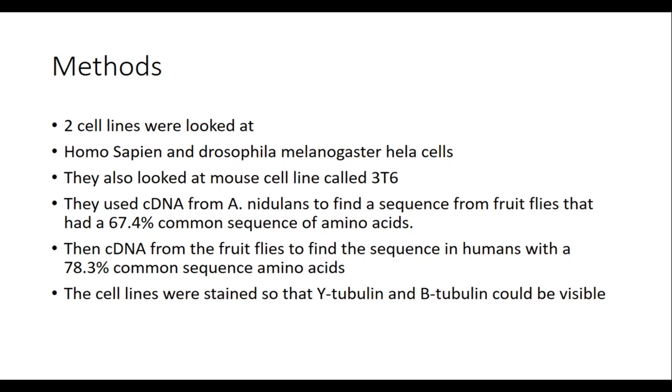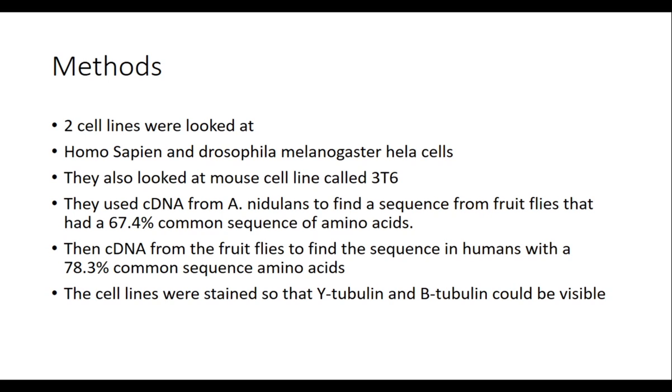Then they took that same cDNA sequence from the fruit flies and used it to find a cDNA sequence in humans at a 78.3% common amino acid sequence. From those two things alone, that told them that this has to be the same gamma tubulin gene. It told them that the gamma tubulin gene is present in more than just the fungi, which is what A. nidulans is.